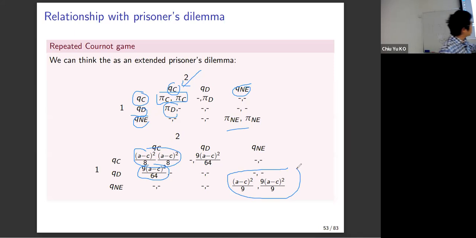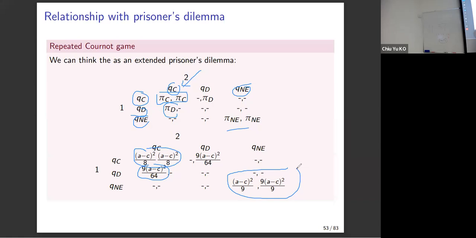You only need this calculation. Because in normal times you're doing this, and if you deviate, you get punished. We are all here. And this is the gain of deviating in this period.